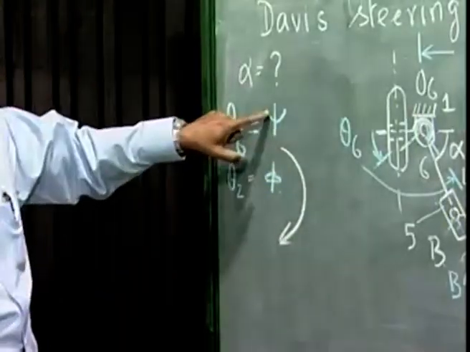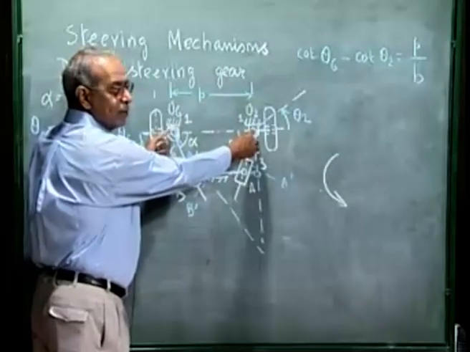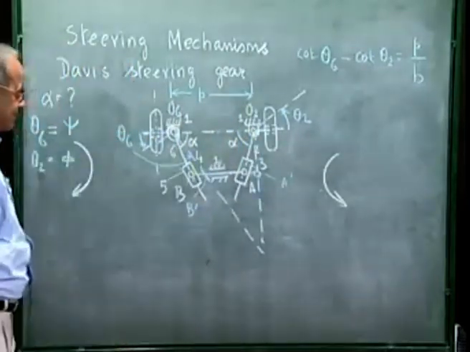And we said cot psi minus cot phi should be P by B, where P is the distance between the pivots and B is the wheelbase.